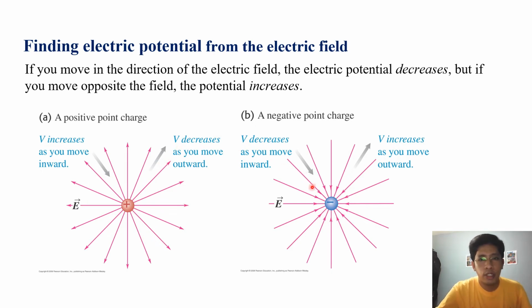For a negative charge, your V decreases as you move inward, because you move in the direction of the electric field, and your V increases as you move outward, because here you move opposite the direction of your field. So again, for a positive charge, as you move inward, the value of your electric potential increases and decreases as you move outward. For a negative charge, as you move inwards, V decreases, and as you move outward, V increases.